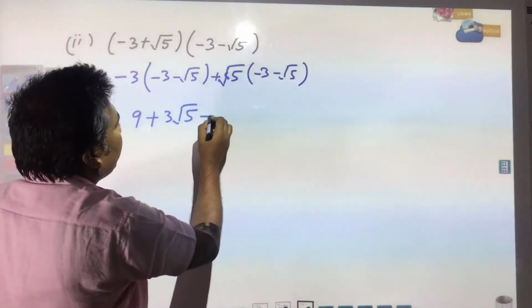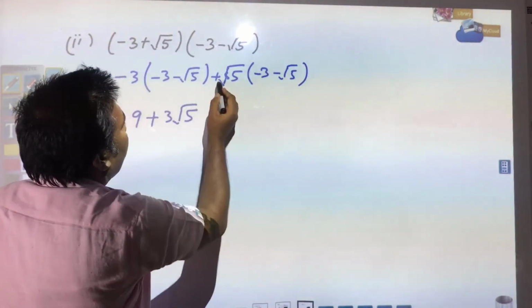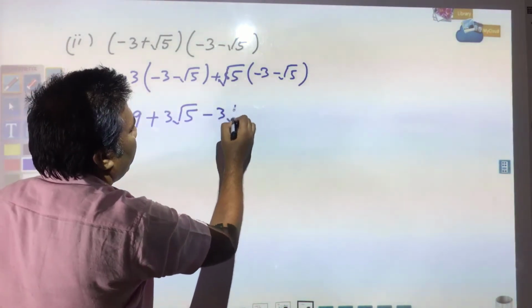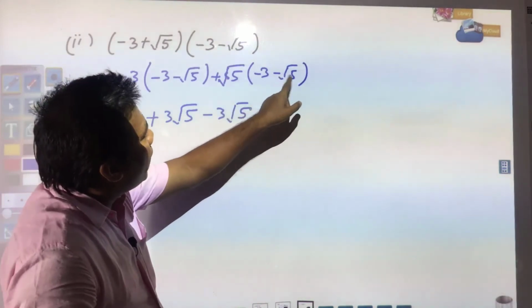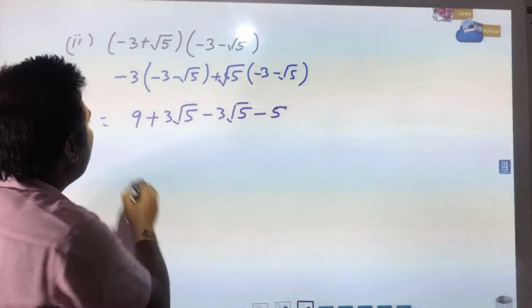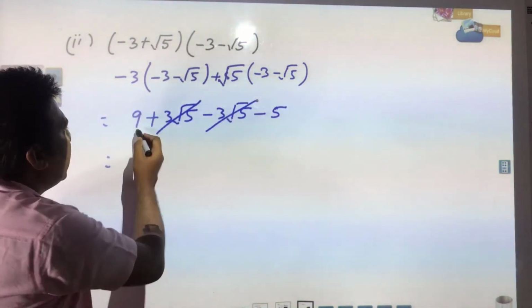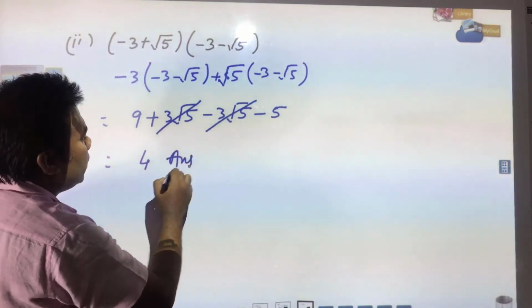Here you see plus root 5 into minus 3, this will be minus 3 root 5, and plus root 5 into minus root 5 will be minus 5. Now, you see 3 root 5 and minus 3 root 5 got cancelled, 9 minus 5 is equal to 4, and this will be your answer.